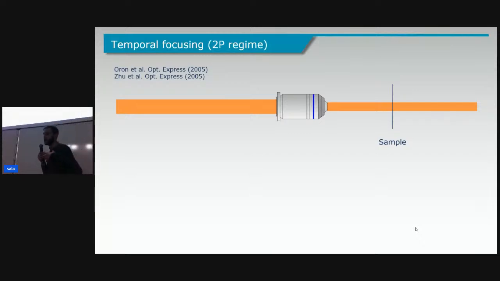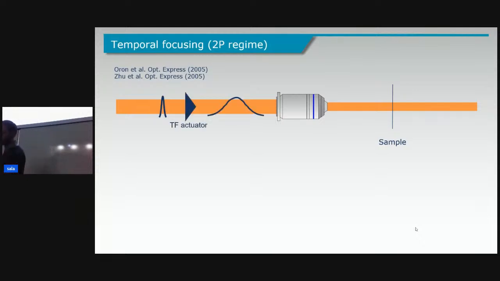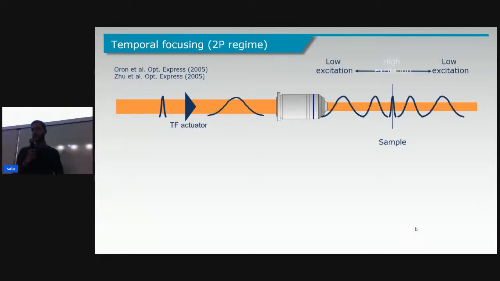So now we go to the nonlinear regime. We need an infrared, pulsed laser. And we're going to temporally shape it at the same time that we spatially shape it with holography, in such a way that our laser beam gets stretched in time after this temporal focusing actuator, but the laser pulse becomes shorter and shorter again after the microscope objective until it gets to the shortest possible time duration at the sample plane, and then it gets longer and longer again.